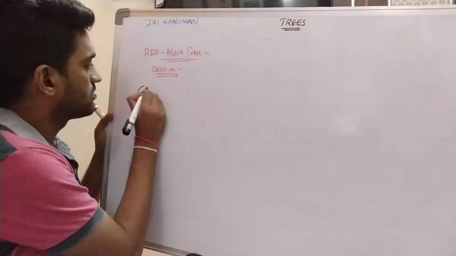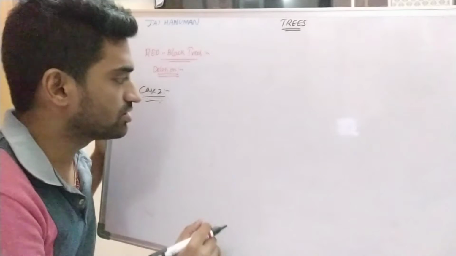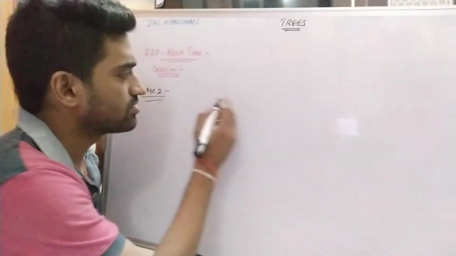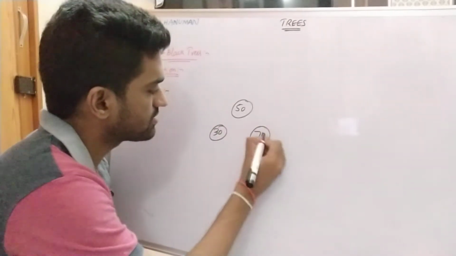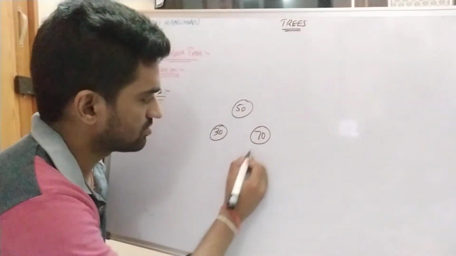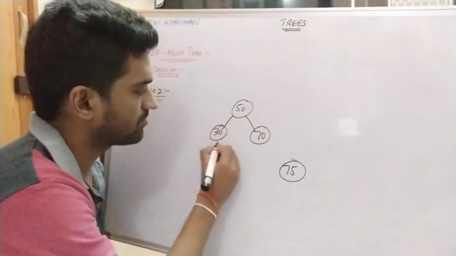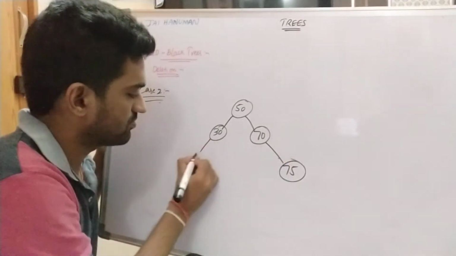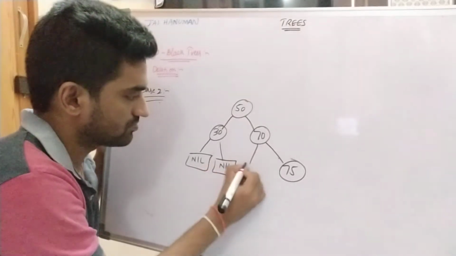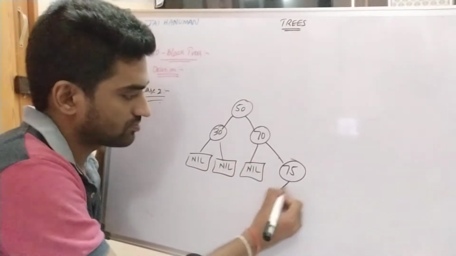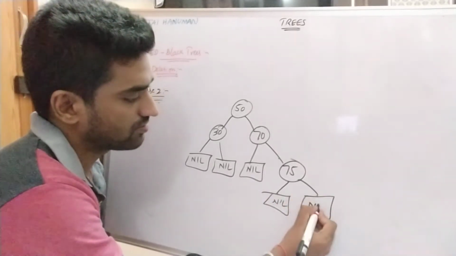Before going to case 2, we are taking one example, right? Here 50, 30, 70, 75, and nil, nil, nil.